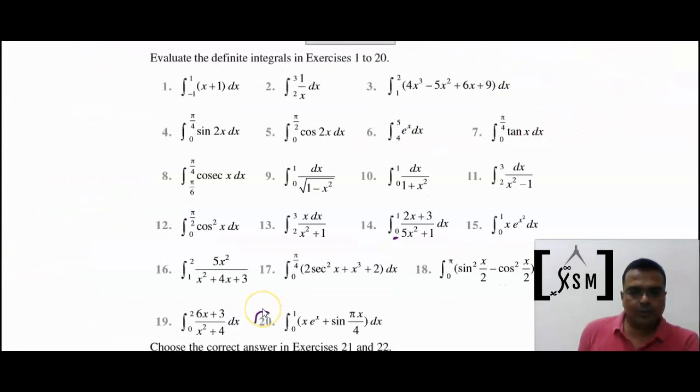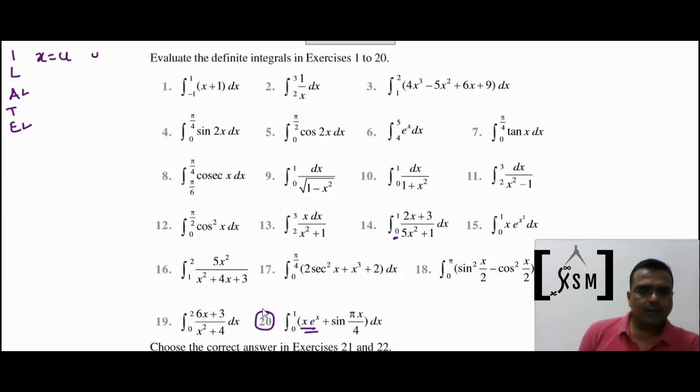Good. As you can see, x times e to the power x, we will apply ILATE. I believe you remember that, but still I'm repeating ILATE. So we have x and e to the power x, which is algebra and exponential function. So x will work as u and e to the power x will work as v. So I'm directly writing down the formula. I hope you remember that formula.